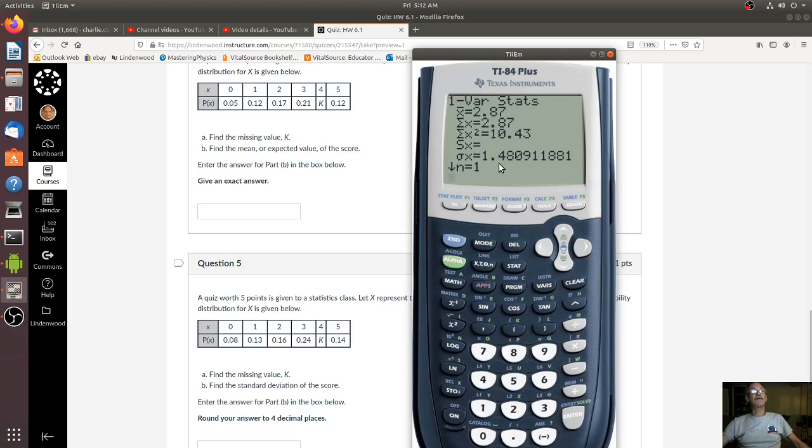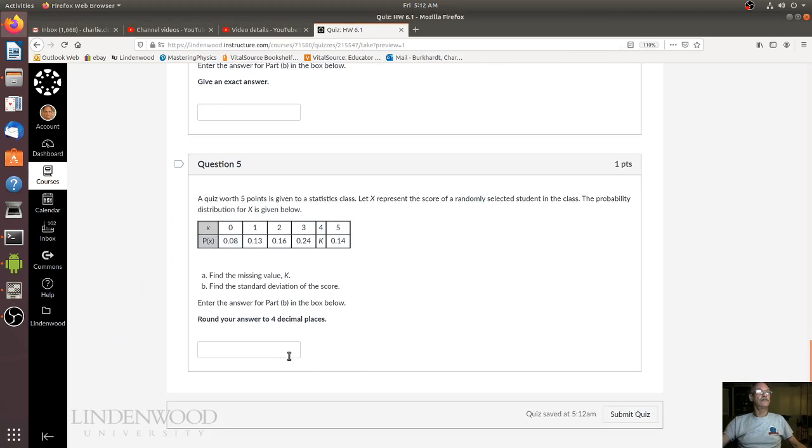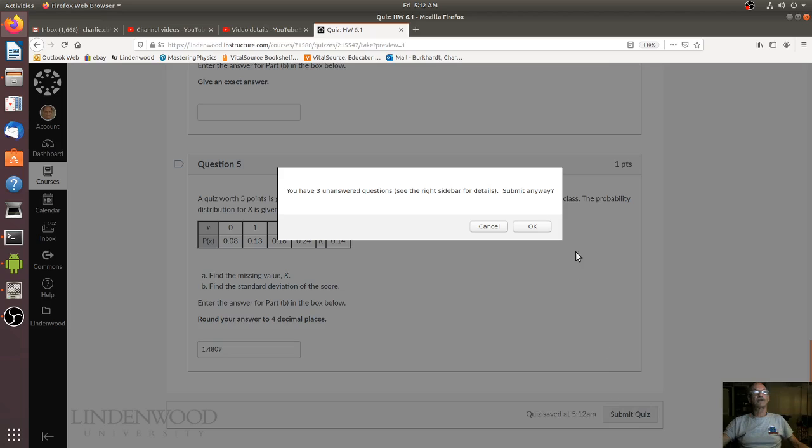If they're asking me for the standard deviation, and you do have to do some rounding for this, what do they say? 4 decimal places. 1.4809. Right, because I'm not going to raise that since this is a 1. So 1.4809. Let's see if that works. All right, let's submit this.